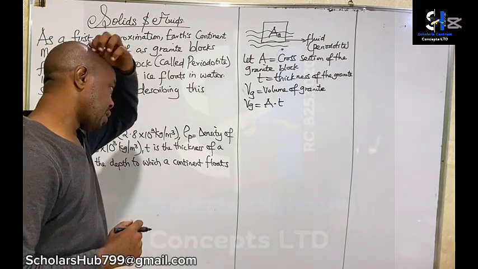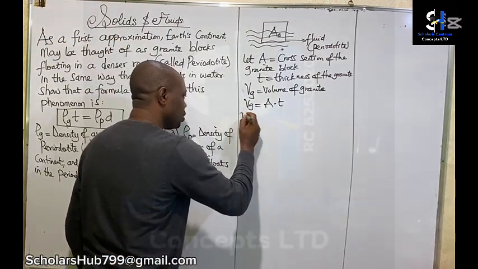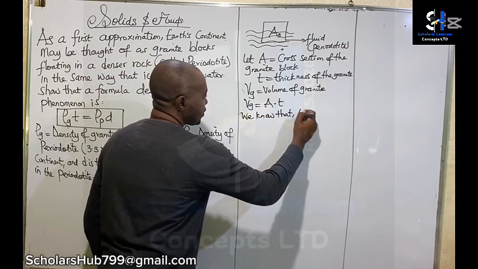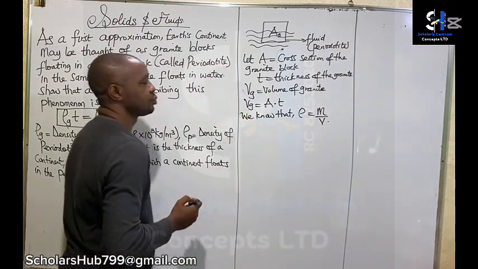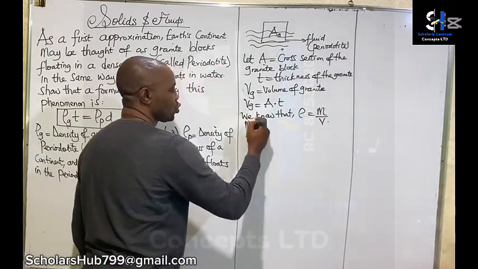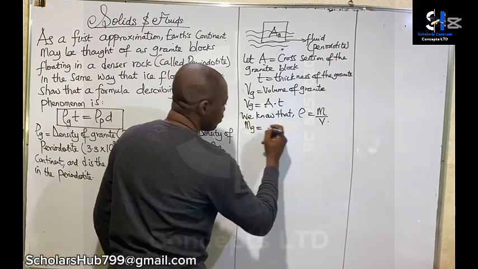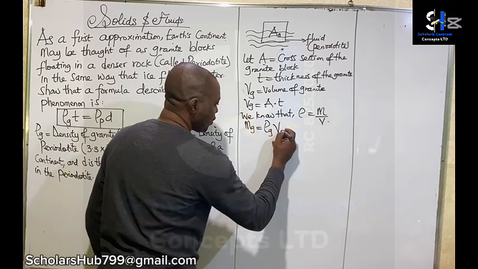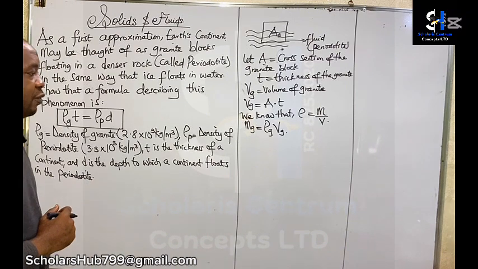Now also, we know that density is mass over volume. So mass of granite will be equal to density of granite multiplied by volume of granite.